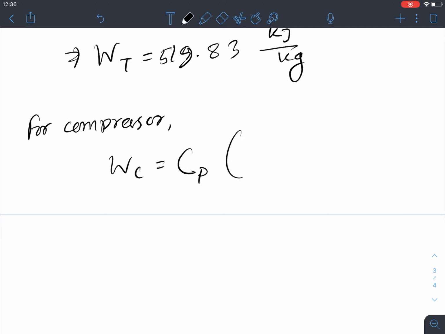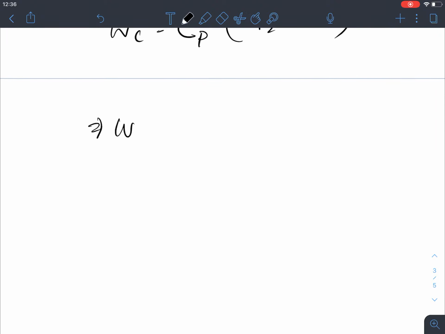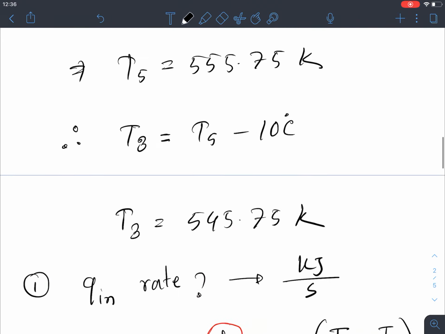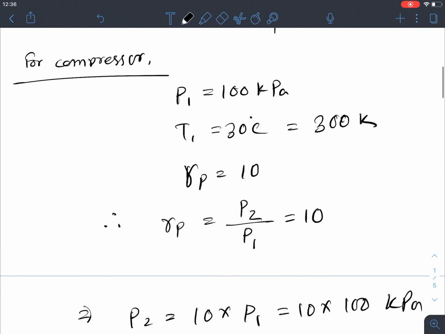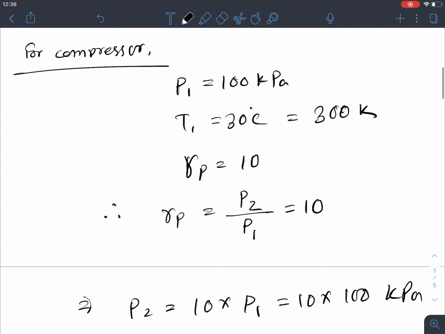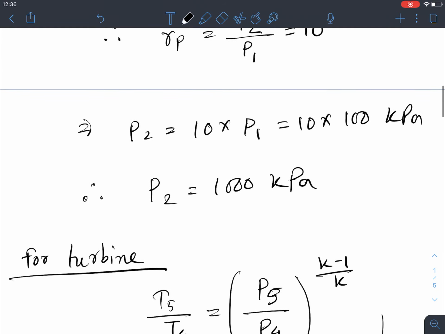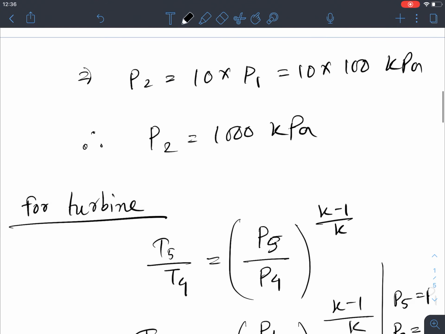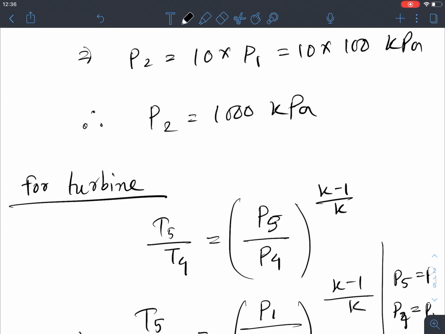Cp times T2 minus T1. So WC equals 1.005 times T2 minus T1. I think we have to determine T2 from this relationship, right?